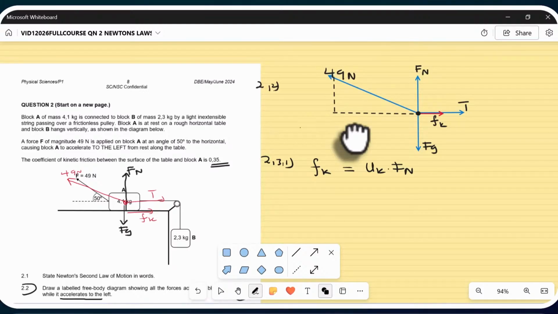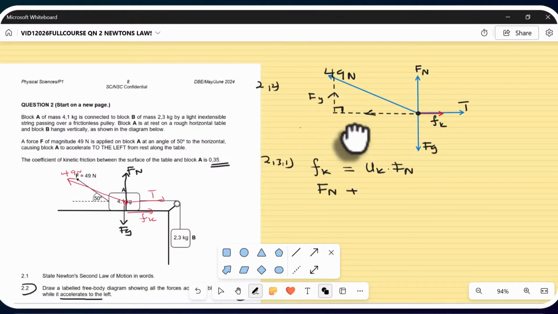Now if you look at my diagram carefully here, you can see that the normal force, together with the Fy, are pointing upwards, and so they must be equal to the Fg, which is pointing downwards, because the block is not moving up or down.